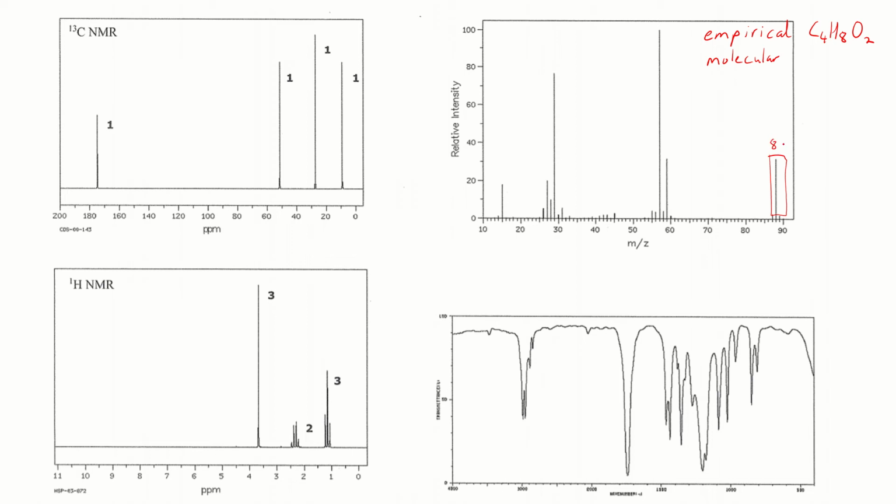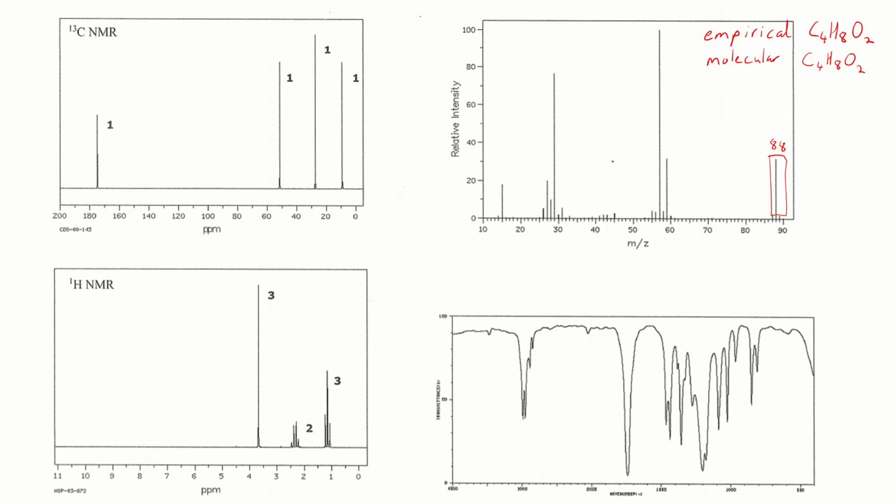So this is at 88, we can see there. Do the molecular mass over the empirical mass. So 12 times 4 plus 8 plus 16 times 2, that's 88. So 88 over 88 is 1. The molecular is therefore C4H8O2 as well.